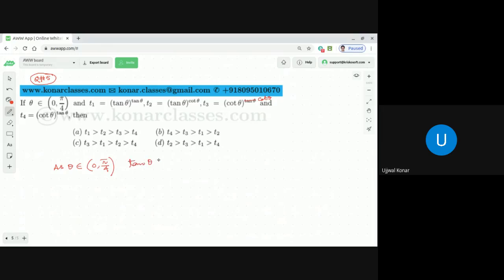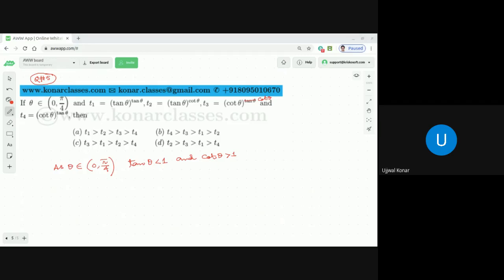Tan theta is less than 1, and cot theta is greater than 1. If you look into the graph of tan theta and cot theta, then it will be clear that between 0 to pi by 4, tan theta is less than 1 and cot theta is greater than 1.